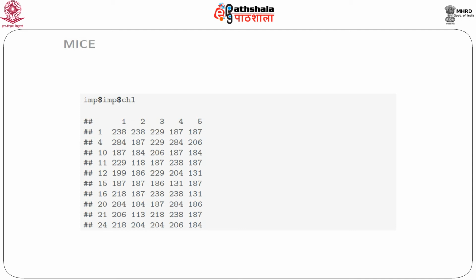Here we have used imp as both the object name and the name of the imputed data set, whereas the results are also stored in imp. That is why we are using two imps, and then $cholesterol, CHL, and it gives the cholesterol values imputed at each of the 5 times.